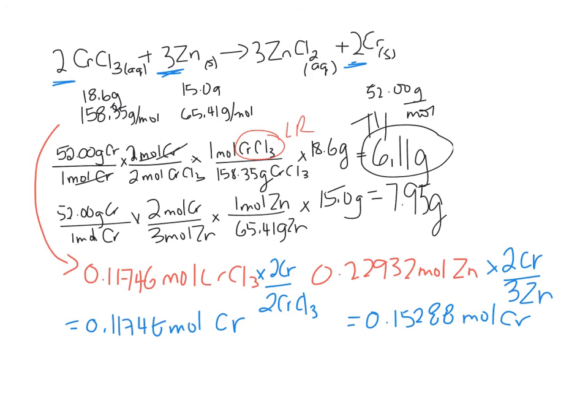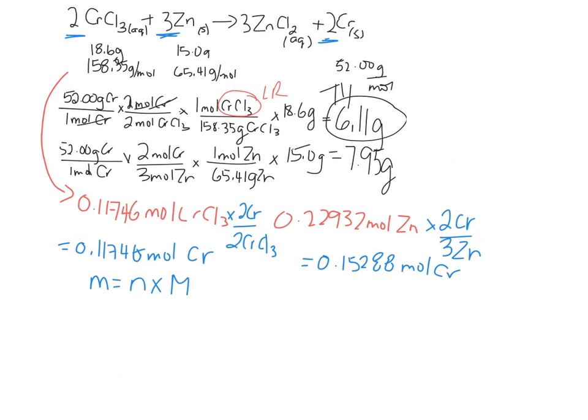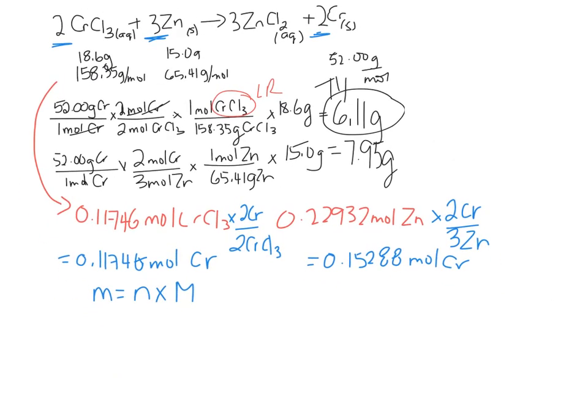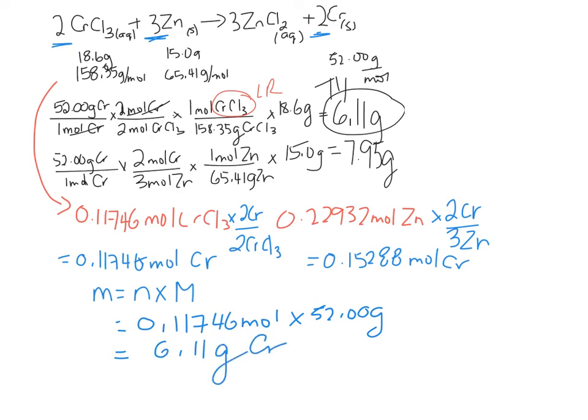So take 0.11746 moles times 52 grams, and that will give you 6.11 grams of chromium.